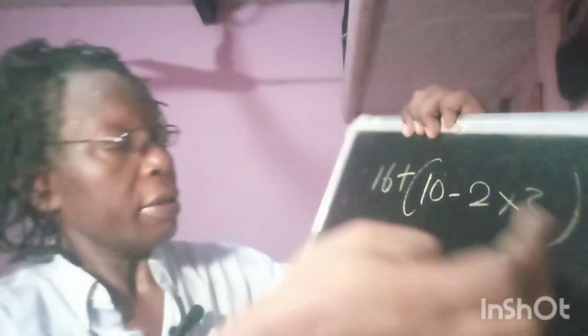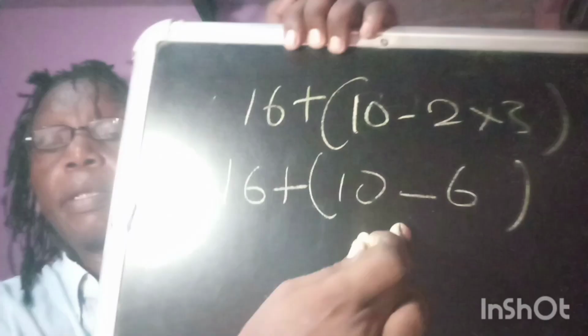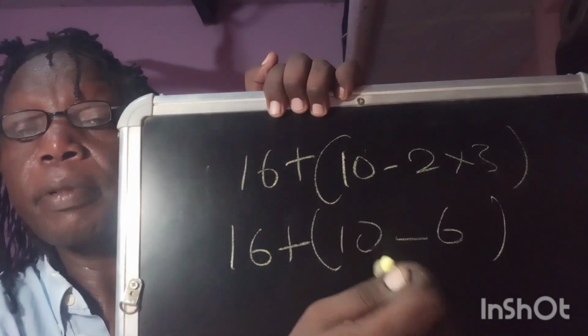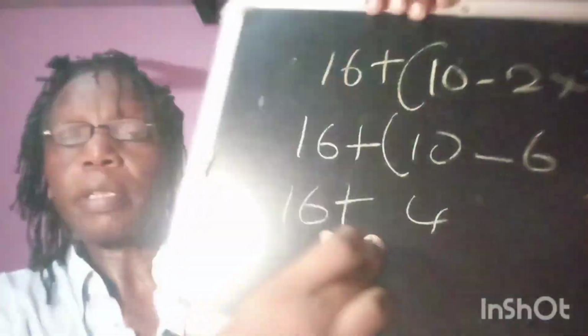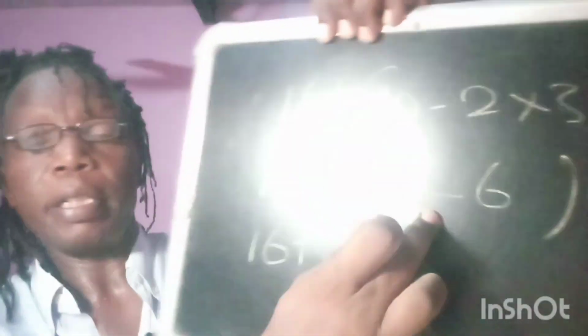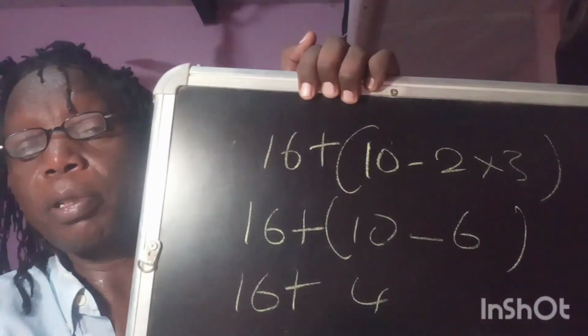Then we'll have 10 minus 6, because we gave priority first to that. So we have 10 minus 6, and then we have 16 plus 4. Now this is the third stage. 10 minus 6 is 4.